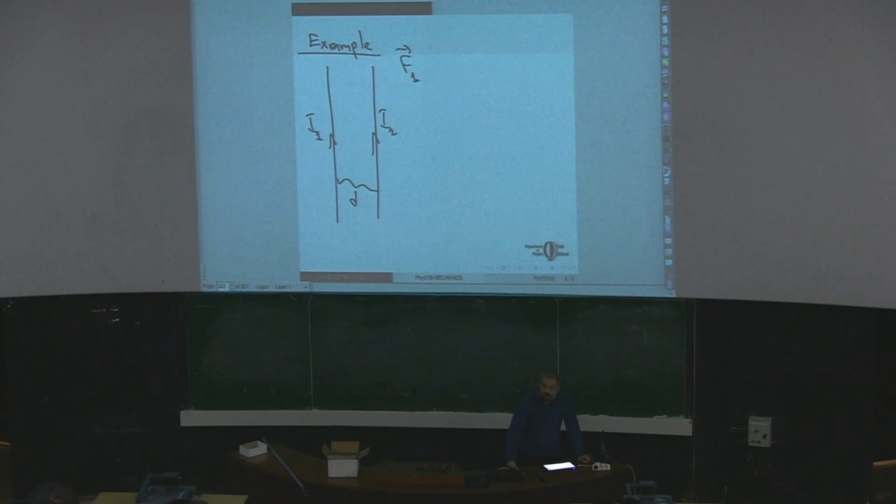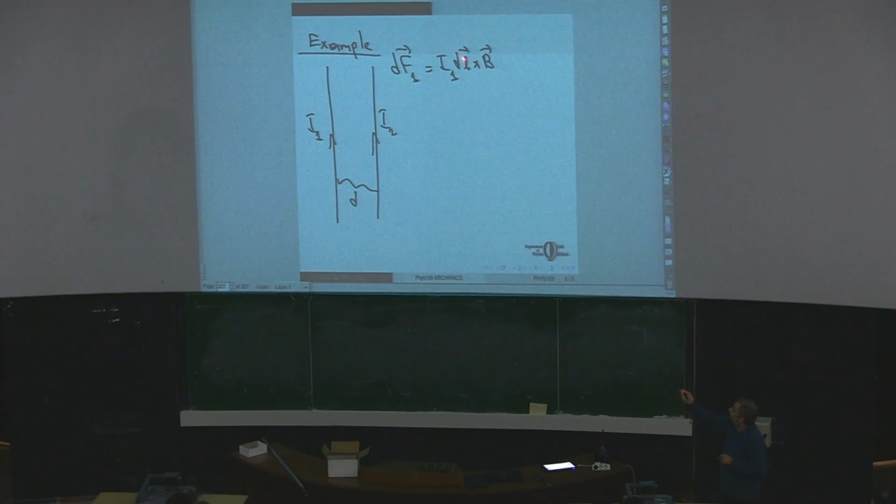Now, we already know what the force acting on a wire is if we put it in a magnetic field. If you remember this, the force was given by dF. A very small segment of the wire will feel a force I times dl cross B. We have a wire carrying a current I1, and we are considering a very small segment of the wire that we show by dl1.